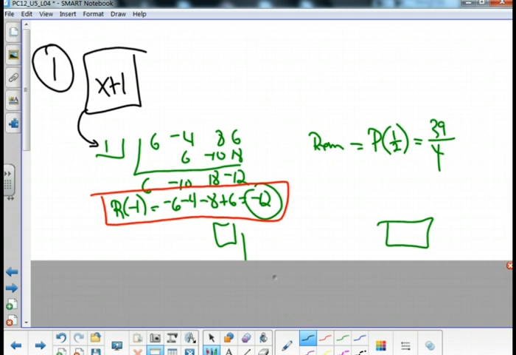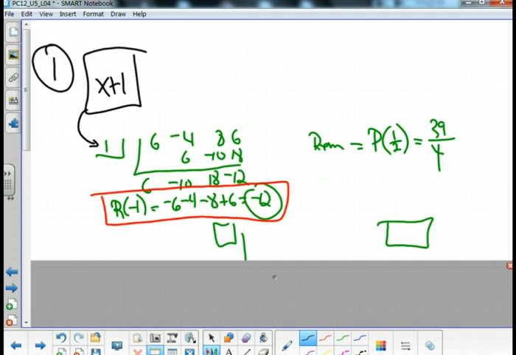In part B, it says use the remainder theorem to find the remainder when this is divided by x plus 1. I was just showing you that I did it by synthetic division. It says use remainder theorem, so I didn't need to do it with synthetic division, but I did both ways. I did synthetic and I got -12, and then I simply plugged in -1 and I got -12.